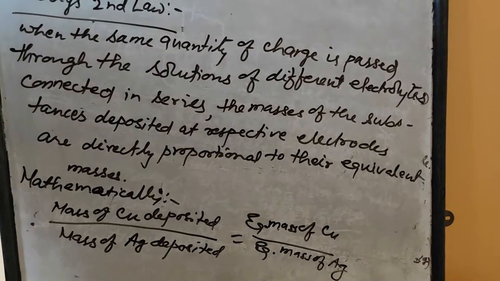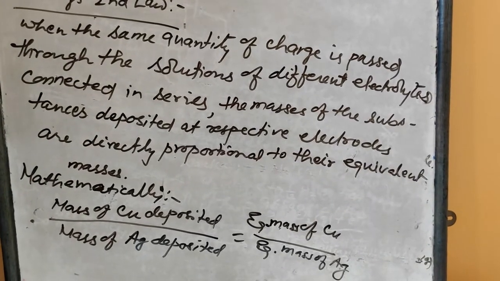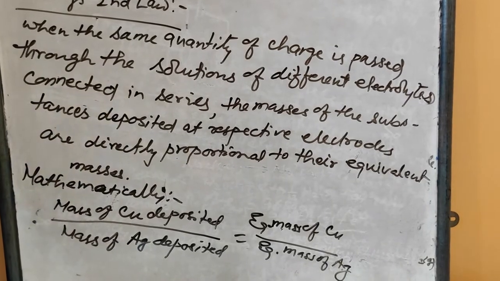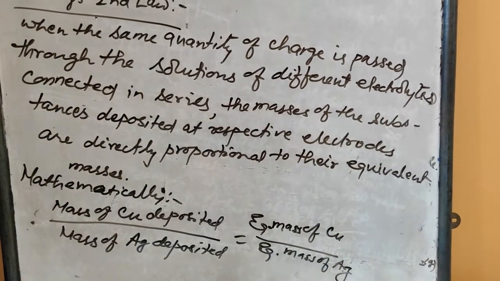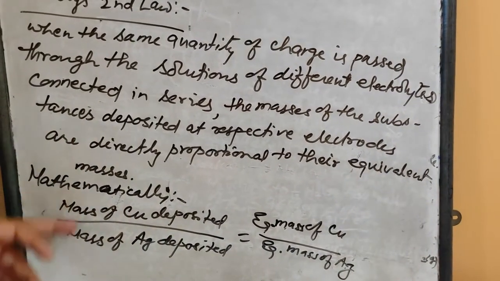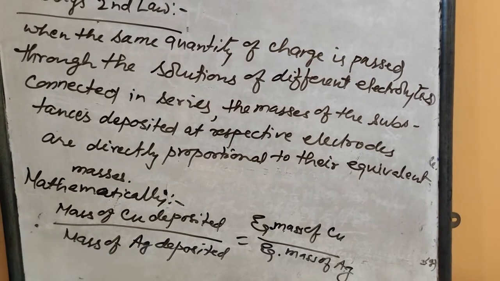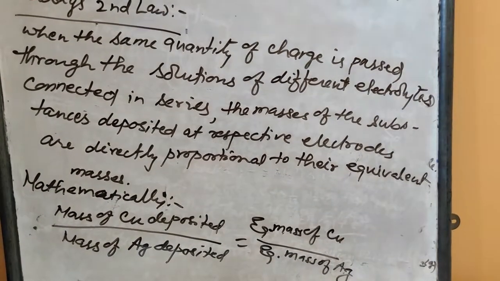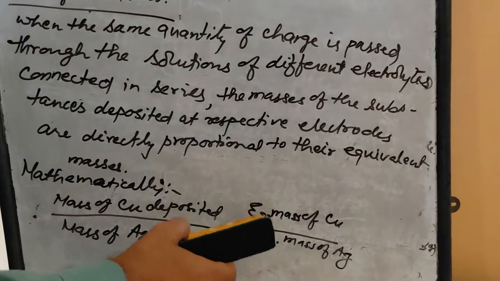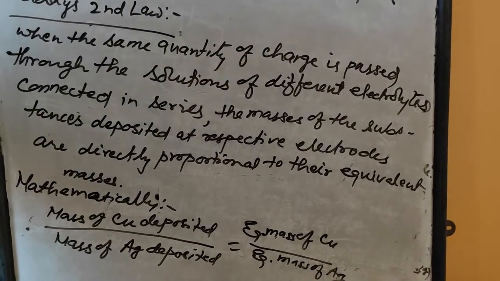You can write in your note: when we pass the same amount of electricity through an aqueous solution of CuSO4 as well as an aqueous solution of AgNO3 connected in series, then the mass of copper deposited divided by the mass of silver deposited is equal to the equivalent mass of copper divided by the equivalent mass of silver.